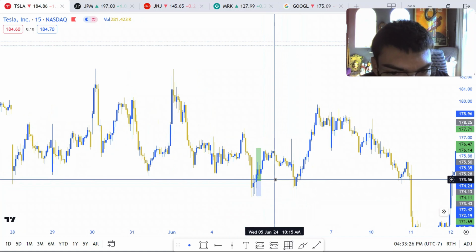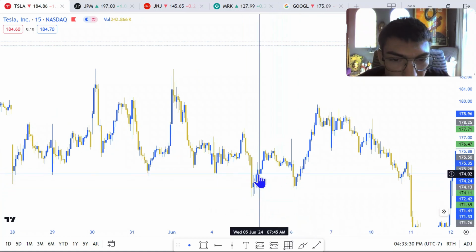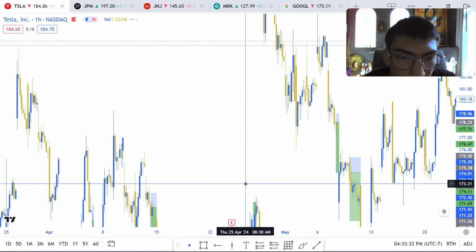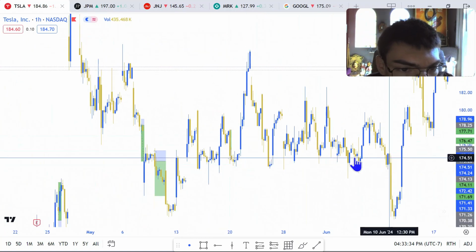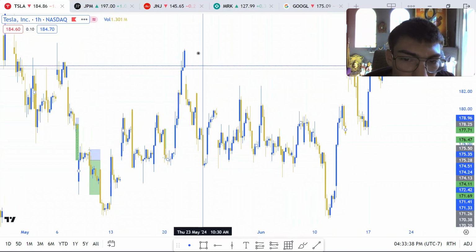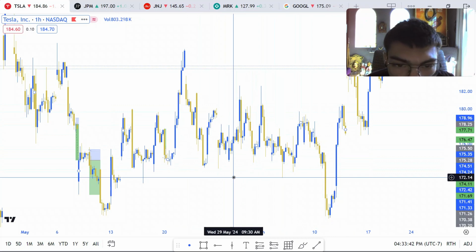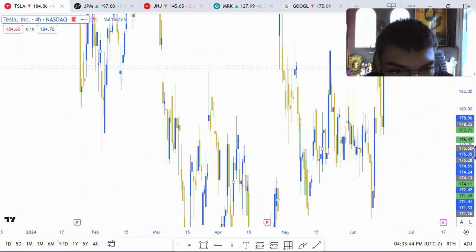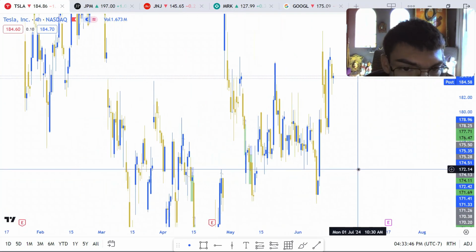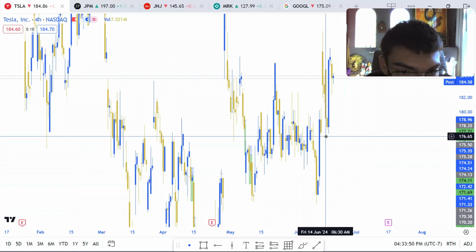So this trade is just bullshit. This is pure chop, bro. You can't trade that. It needs to be bullish or bearish, and that's it, bro.